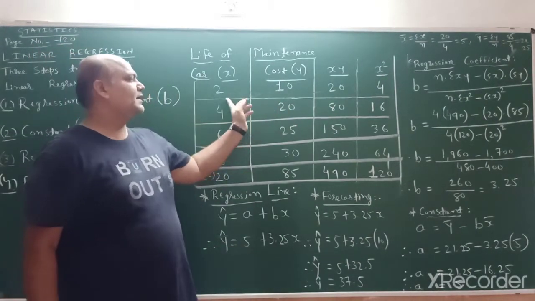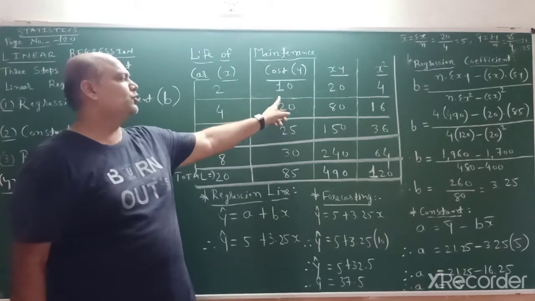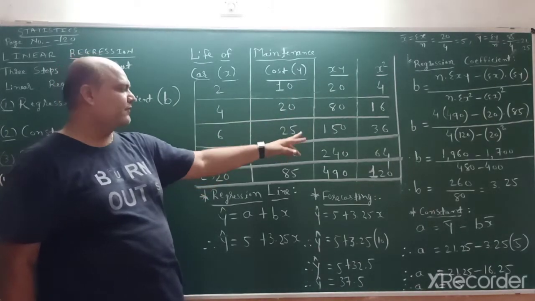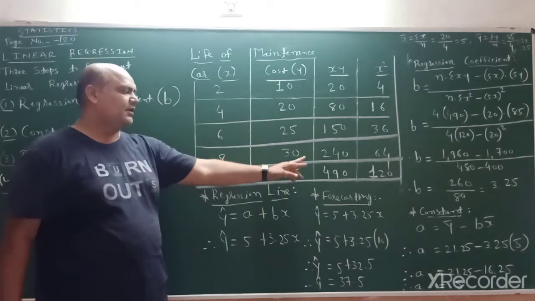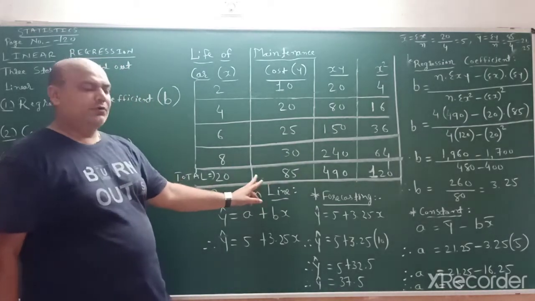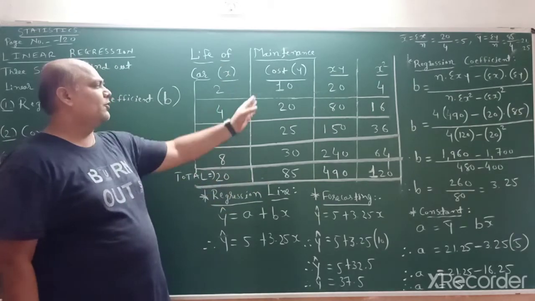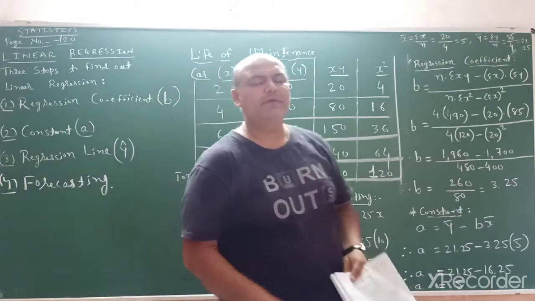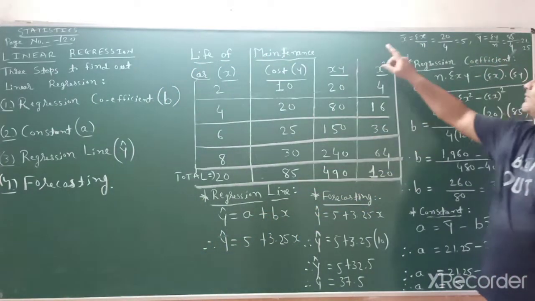So additional two columns we have to prepare in this method: xy and x square. xy means multiplication of x with y. 2 into 10, 20, 4 into 20, 80, 6 into 25, 150, 8 into 30, 240. We have to do the total. Total of x is 20, total of y is 85. X bar and y bar, here I can find it.